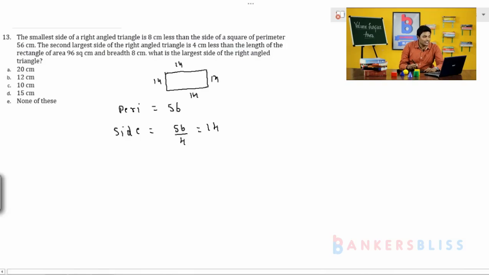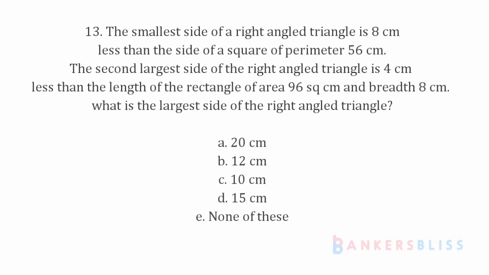Next, the smallest side of the right angle triangle is 8 centimeter less. So 14 minus 8, which is equal to 6. So consider this one as the smallest side, 6 centimeters. Next, the second largest side of the right angle triangle is 4 centimeter less than the length of the rectangle of area 96 square centimeter and breadth 8 centimeter.